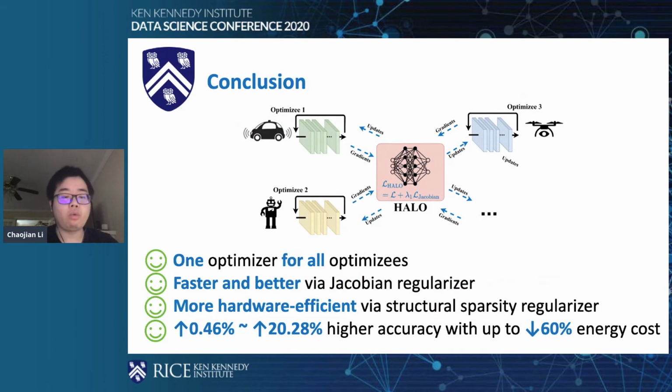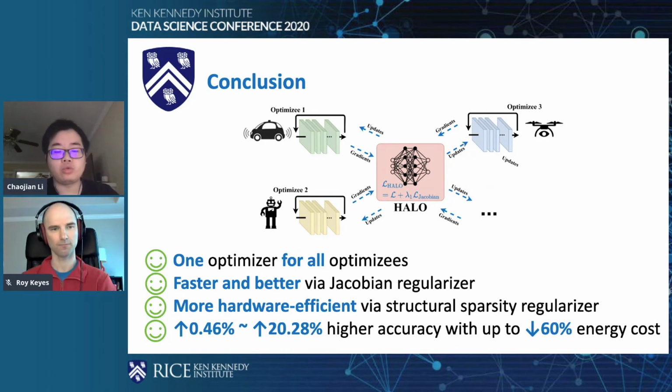To summarize, we propose Hello, hardware-aware learning to optimize, a practical learned optimizer dedicated to resource-efficient on-device adaptation. Hello, as a learned optimizer, not only has the one-for-all feature, one optimizer for all optimizees, but also achieves faster and better adaptation via the Jacobi regularizer and is more hardware efficient via the structure sparsity regularizer.